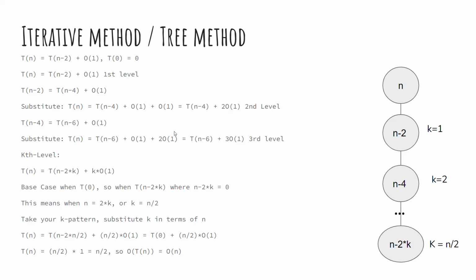And we get the base case 0 when k equals n over 2, right? So the height of this tree comes out to be n over 2, and that's how we end up with the time complexity of big O of n.